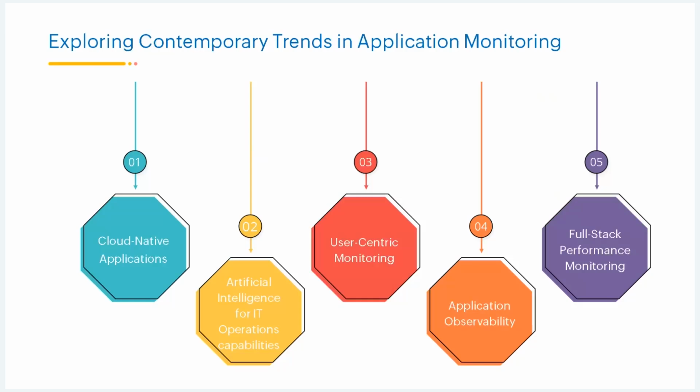Here are some of the contemporary trends in application monitoring. Let us see them one by one. The first one is cloud native applications. Recently, large enterprises have moved many of their applications to the cloud. Cloud native applications are scalable, flexible, and efficient software that uses small independent building blocks like microservices, containerization, commonly Docker, and Kubernetes.